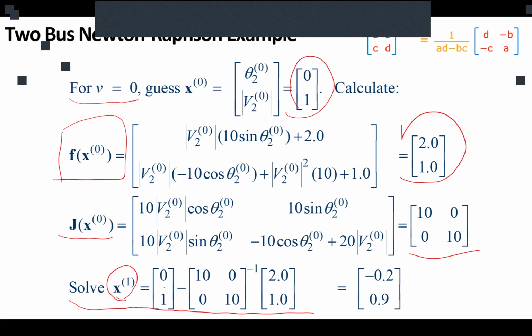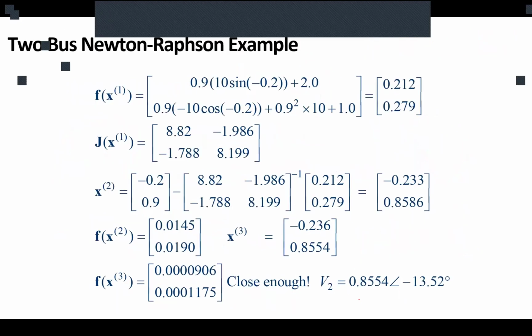Use that formula, x0 minus the inverse of the Jacobian times f(x0), and we find a reasonable second guess. We put that into action and find what our f would be for the second guess. See, it is much closer to 0. It's still not close enough.